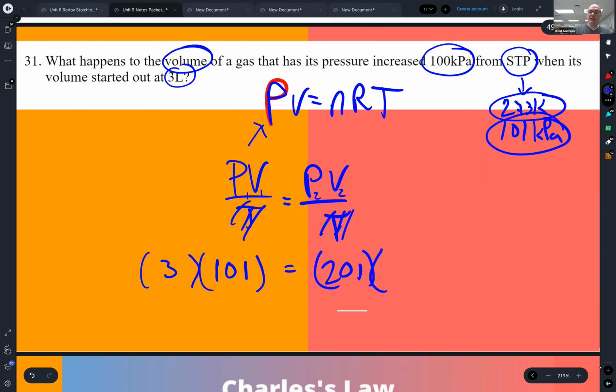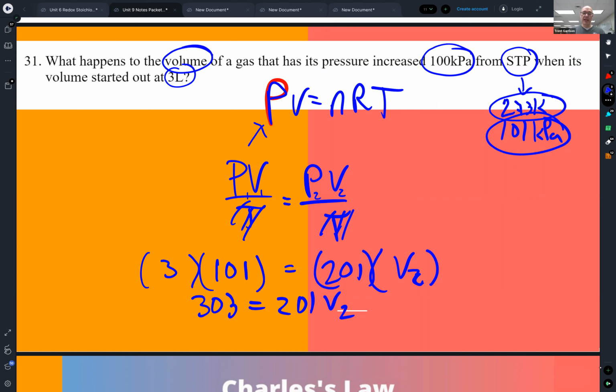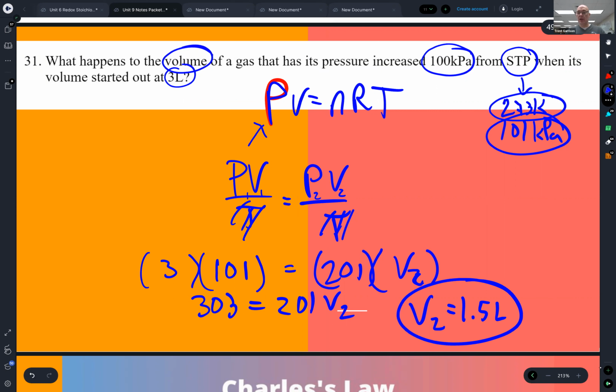I don't know what my new volume is. So let's plug this in. I've got 303 equals 201 V2. So I've got 303 divided by 201, and I get 1.5 liters. Okay, that was called Boyle's law.